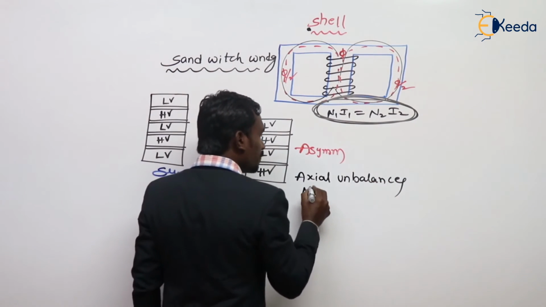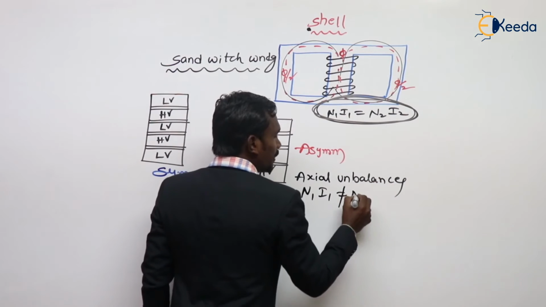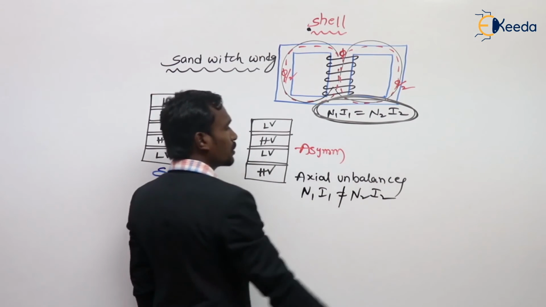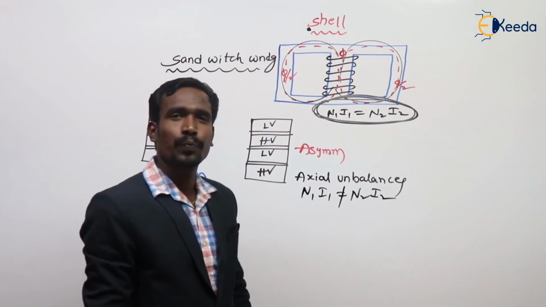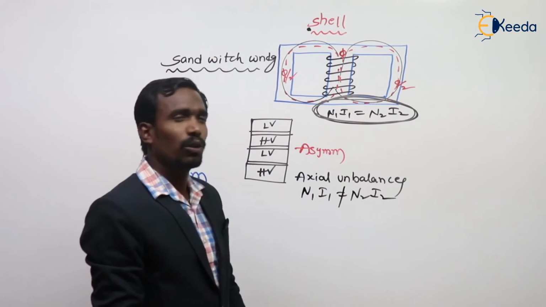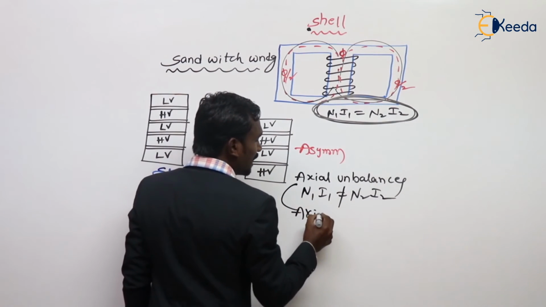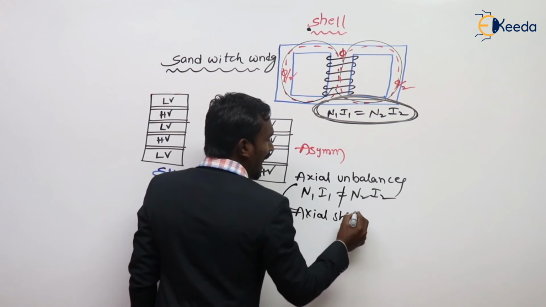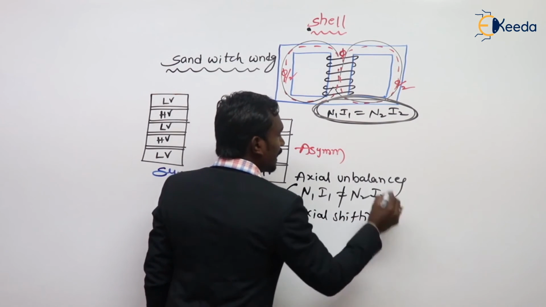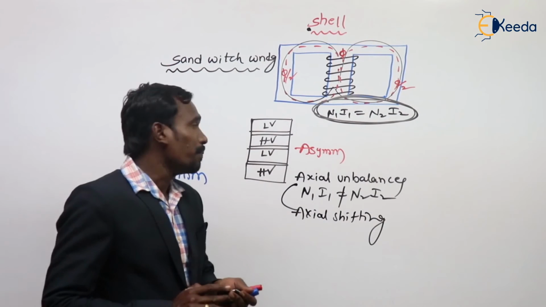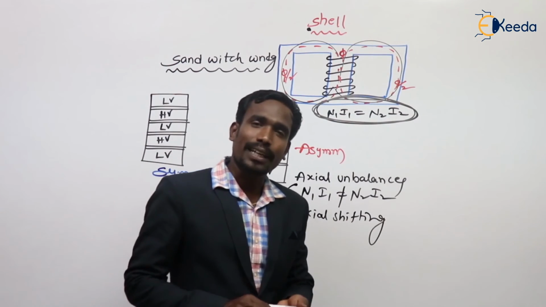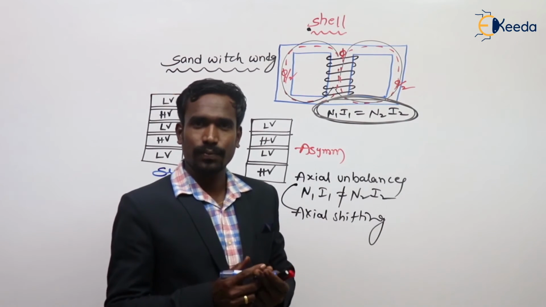When axial unbalance takes place, N1I1 is not equal to N2I2, but by axial shifting, we can avoid this.